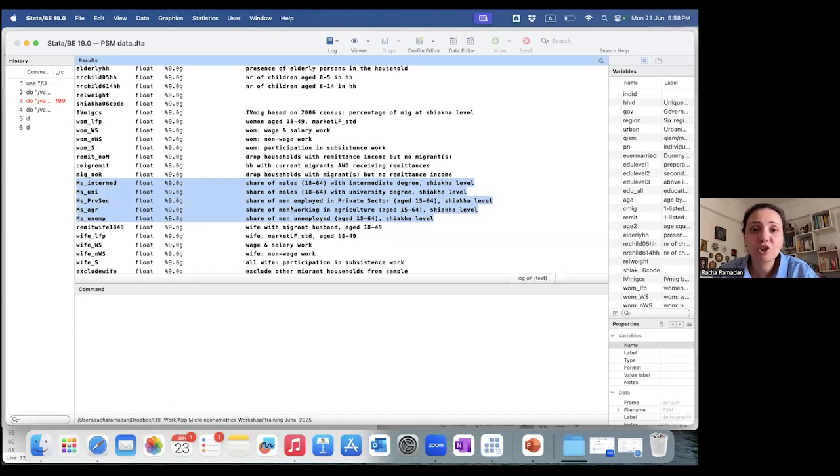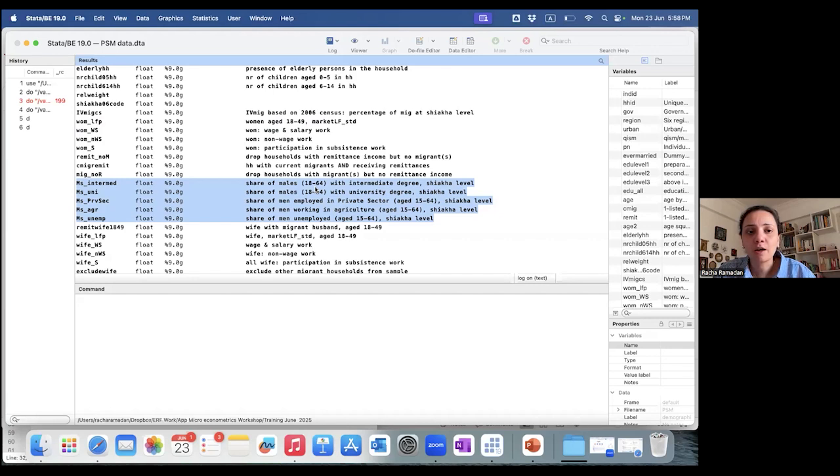So we will include the share of males between 18 and 64 years old who have an intermediate degree at the Shiakha level. In Egypt, we have the governorate, which is the main administrative unit, and the Shiakha, which is smaller than the governorate and includes several households.